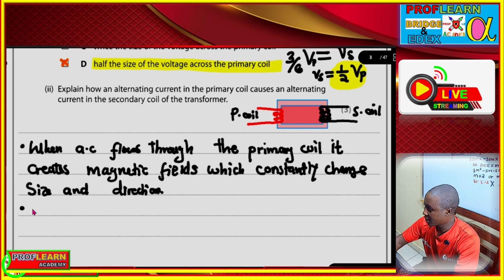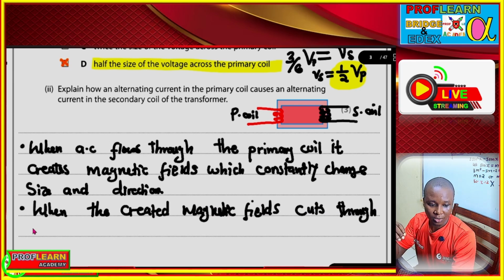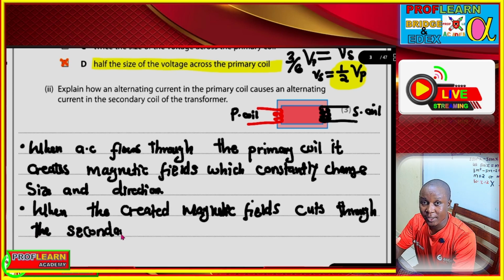Yeah, so once that happens, these magnetic fields which are created cut across the secondary coil. This is for Edexcel, Edexcel 2H, not AQA. When the magnetic fields cut through the secondary coil, an induced EMF is going to be created in the secondary coil.